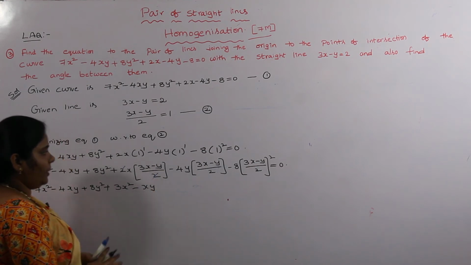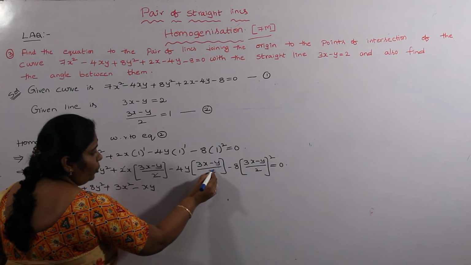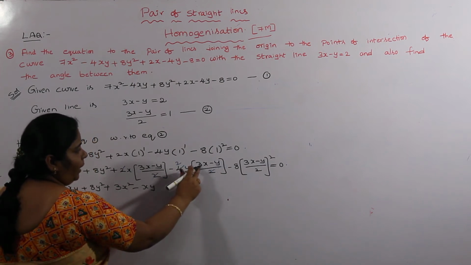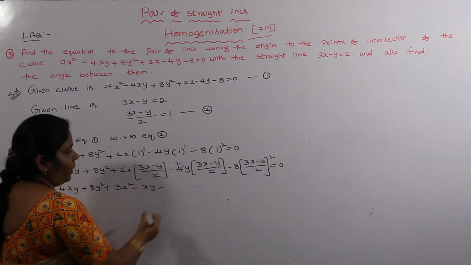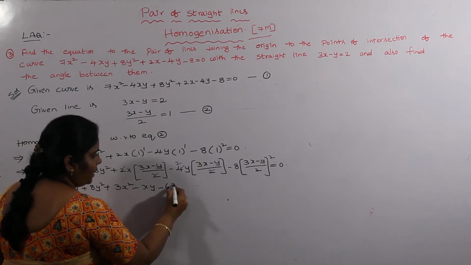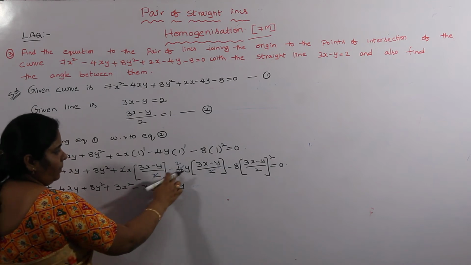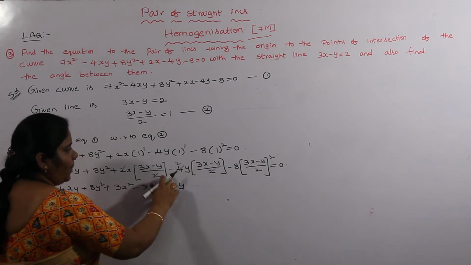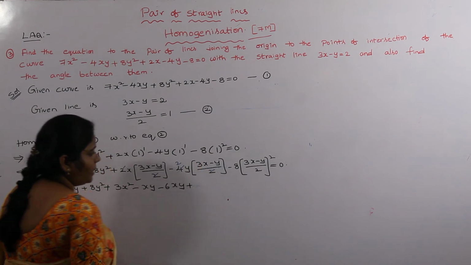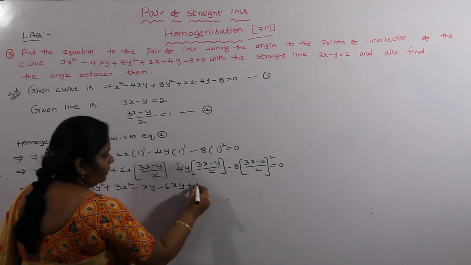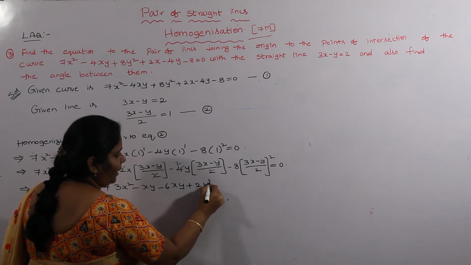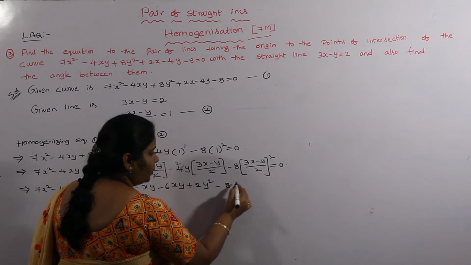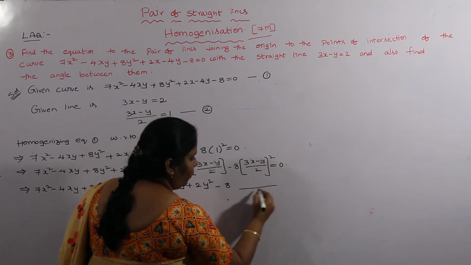Okay, this step is clear. Now minus 2y into 3x: 2 3s are 6, x into y is xy, plus into minus is minus, so minus 6xy. Minus 2y into minus y: minus into minus is plus, 2y into y is 2y square. Minus 8 into, denominator is 2 square, which is 4.